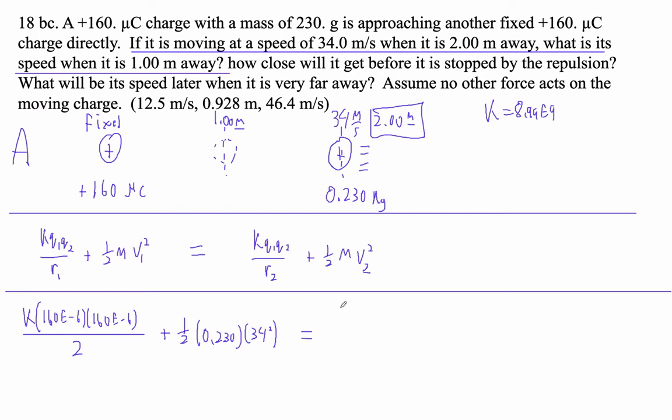And that's going to equal K times 160 E minus 6 times 160 E minus 6, and that's divided by 1. Okay, plus 1/2 0.230 V2 squared. We're solving for V2, right? All right.